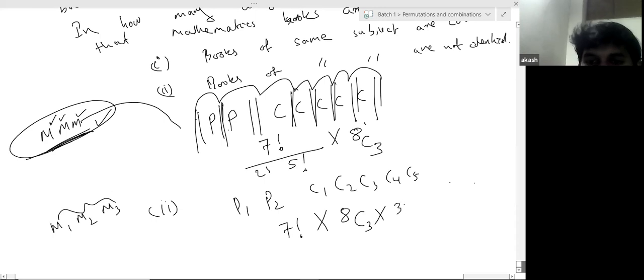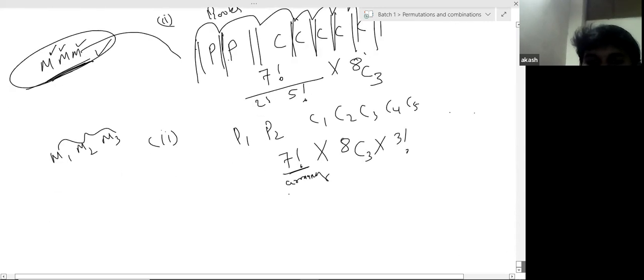So 3 factorial. Is it clear? This is arranging physics and chemistry books, choosing gaps, arrangement of gaps.